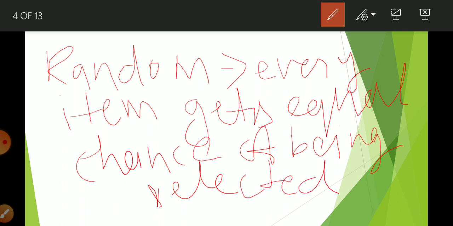So this is your random sampling. Each and every item gets equal chance of being selected, and the most used method in random sampling is lottery method. Suppose there are 50 students and we want to select 10, and everyone is good in speaking, so obviously at that time we can make use of lottery method. There are 50 slips, so anyone's name can come in those 10 slips. So in this way, each and every one of the 50 students gets equal chance of being selected.